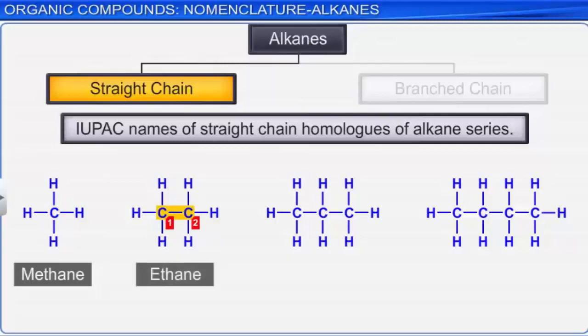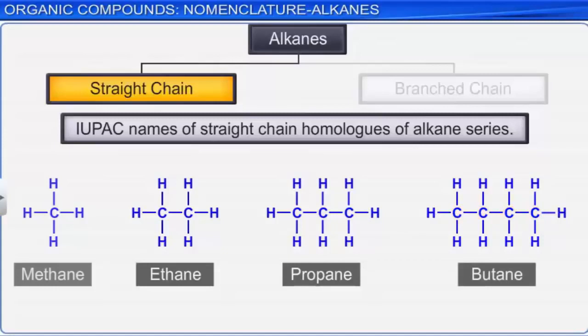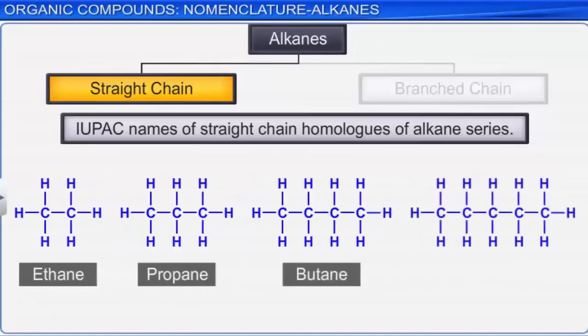The IUPAC name of an alkane having 3 carbon atoms is propane. The IUPAC name of an alkane having 4 carbon atoms is butane. The IUPAC name of an alkane having 5 carbon atoms is pentane, and so on, as shown here.